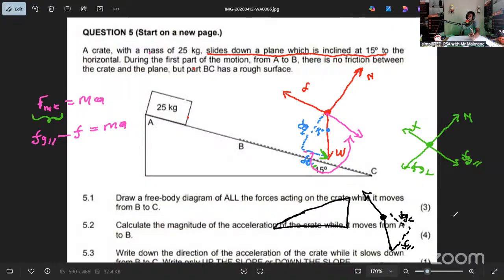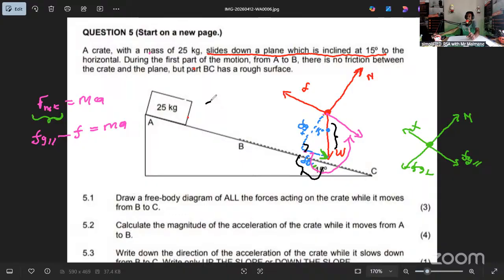Some of us just memorize to write FG perpendicular you multiply with cos, FG parallel you multiply with sin. But it's not even about memorizing. It's about your maths. If you wanted to include the FG parallel side with this side, which is our W, you can only use sine because it's a right-angled triangle.